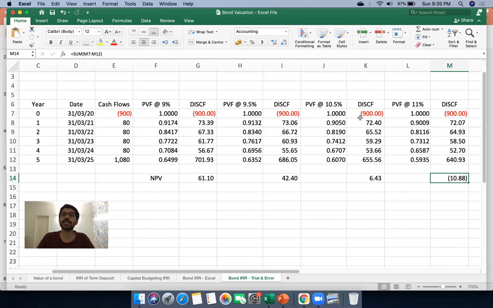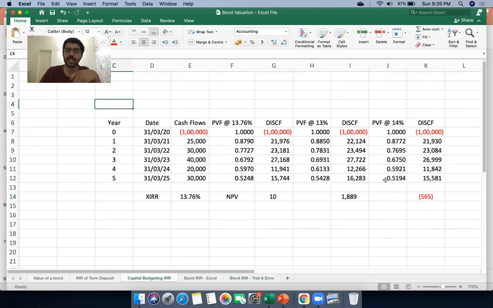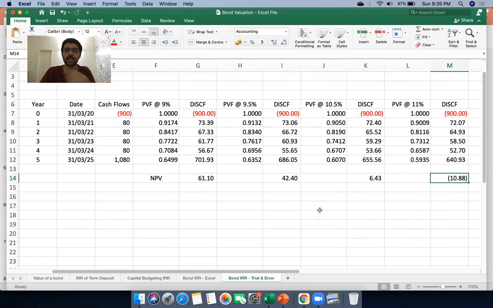So my target is to find out that discount rate where NPV is equal to 0. And that discount rate is going to lie somewhere between 10.5 and 11%. Okay, so now I apply a simple interpolation, what I also referred to in the capital budgeting example, where I said that we interpolate. We are actually applying that interpolation over here.